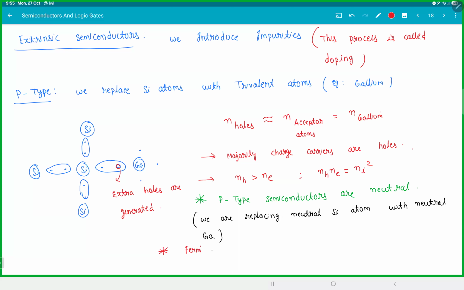There was a question like this, I think 2-3 years back, a JEE question. They asked, when they added acceptor atoms, what happened to the Fermi level? The Fermi level comes down, closer to the valency band.